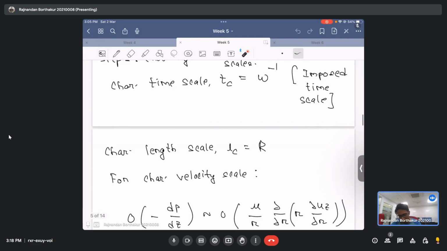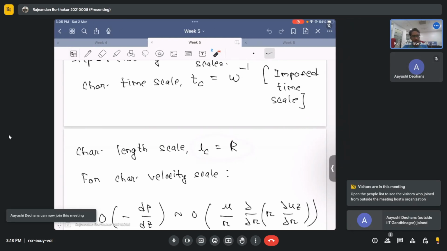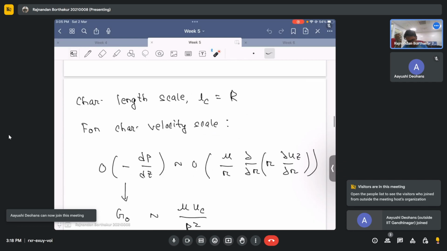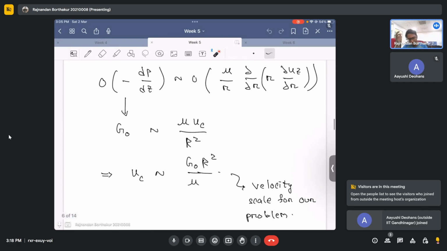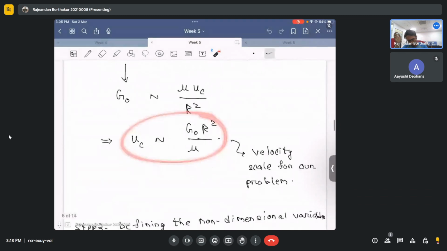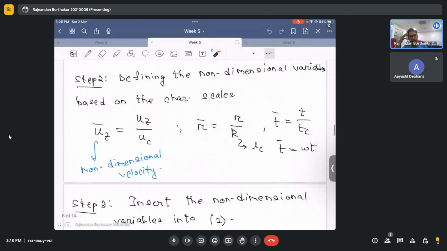Then we selected the radius of the pipe to be the characteristic length scale, and then we derived the characteristic velocity scale of our problem. Based on this, we defined the non-dimensional variables, for instance the non-dimensional velocity, the length, the time, and so on and so forth.